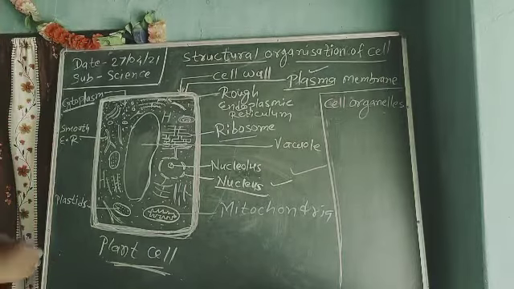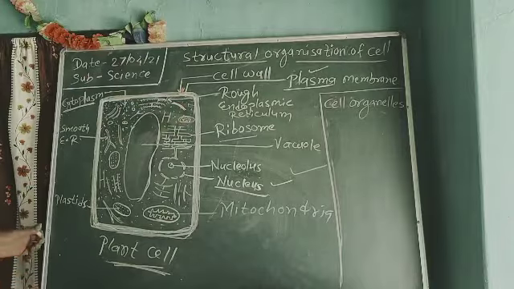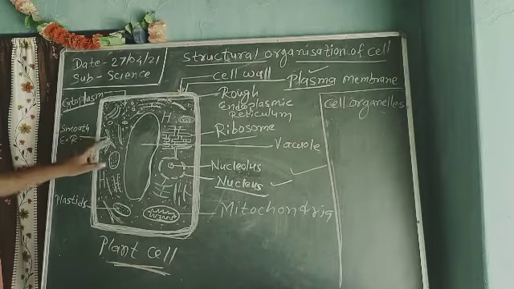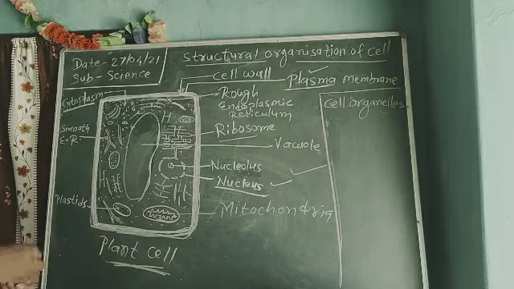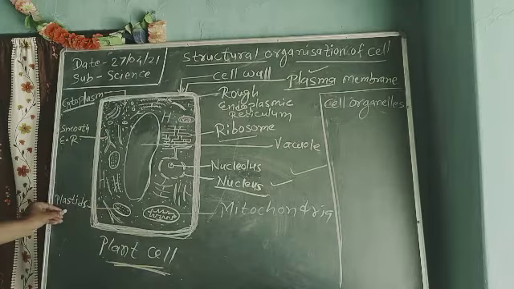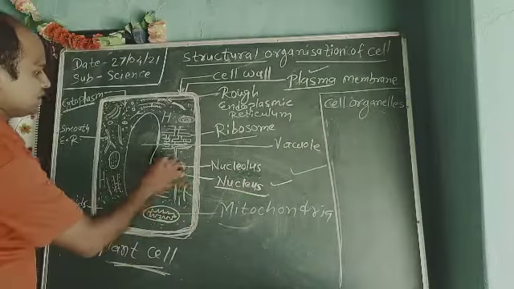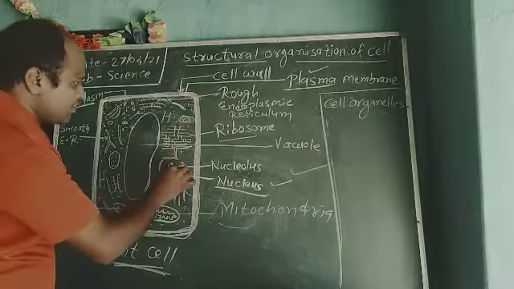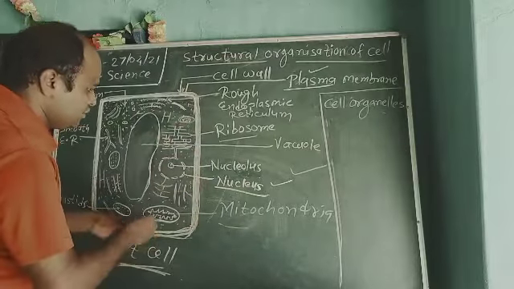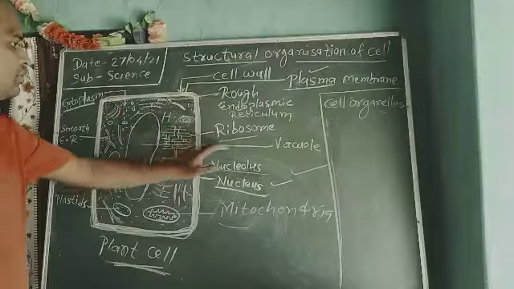And you can see on the plant cell the endoplasmic reticulum. And this is plastids, and this is mitochondria. And this is the nucleus, and the inner center part of the nucleus is called the nucleolus.